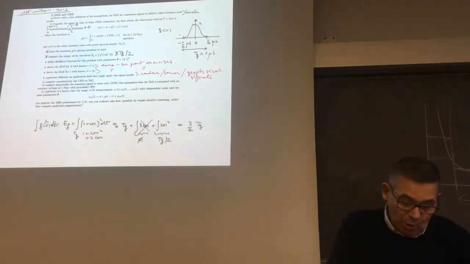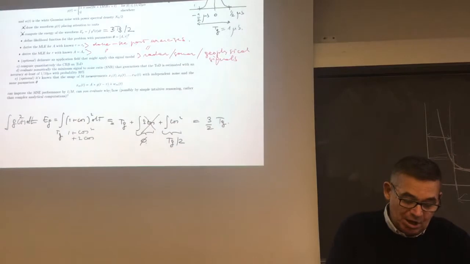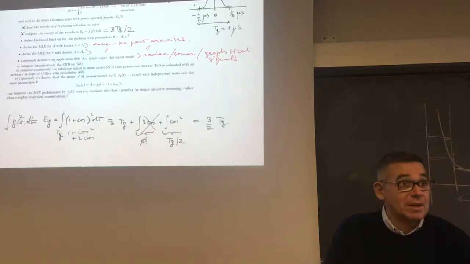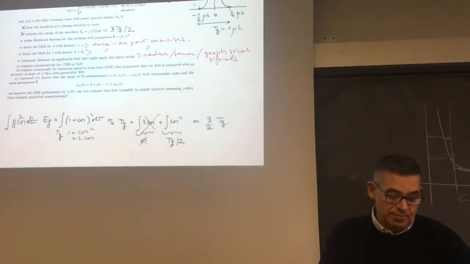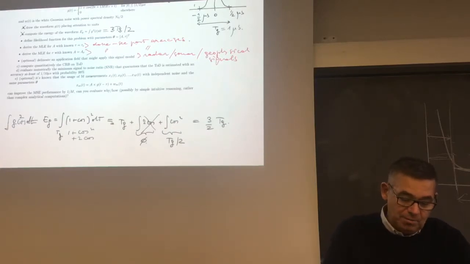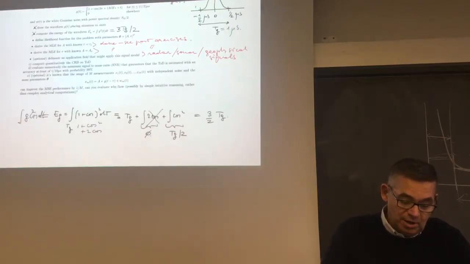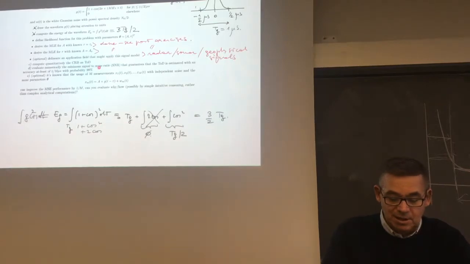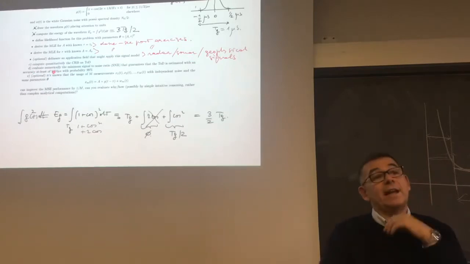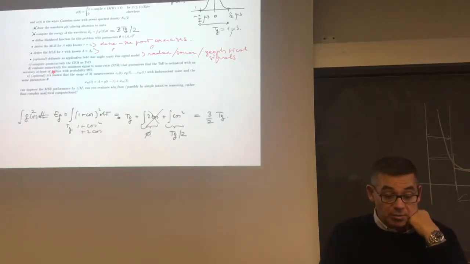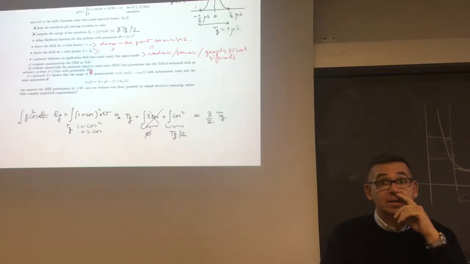Compute quantitatively the Cramer-Rao bound on the time of delay. The question is one line, but it takes more time. Now let me read all. Evaluate numerically the minimum signal to noise ratio to guarantee that the time of delay is estimated with an accuracy of at least 1/10 of a microsecond with probability 99%.